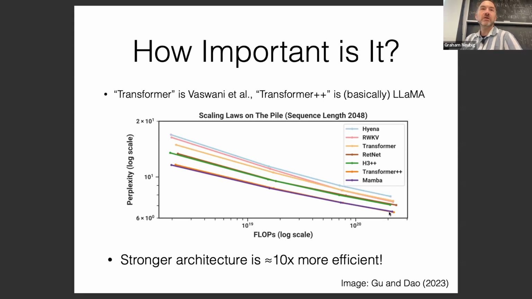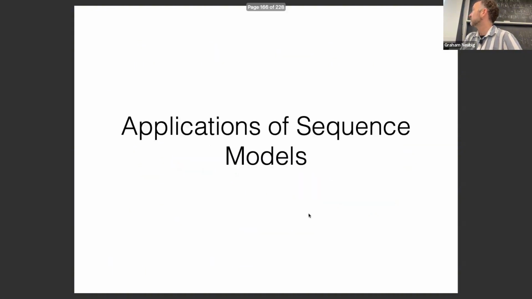And these have the same number of layers, and all the other decisions are more or less the same, but the architecture and some of the learning rate stuff is modeled after LLaMa. And you can see that this makes a huge difference. Training on 1/10 as many flops gives you about the same performance using this more efficient architecture. So it's not just scale, it is the architecture that makes it better.